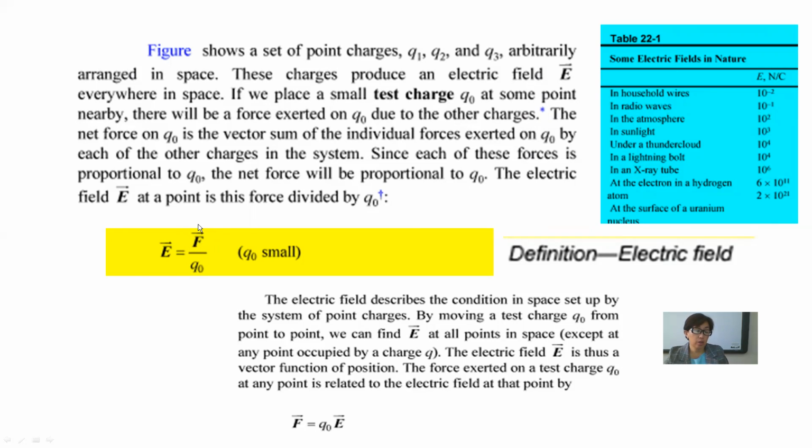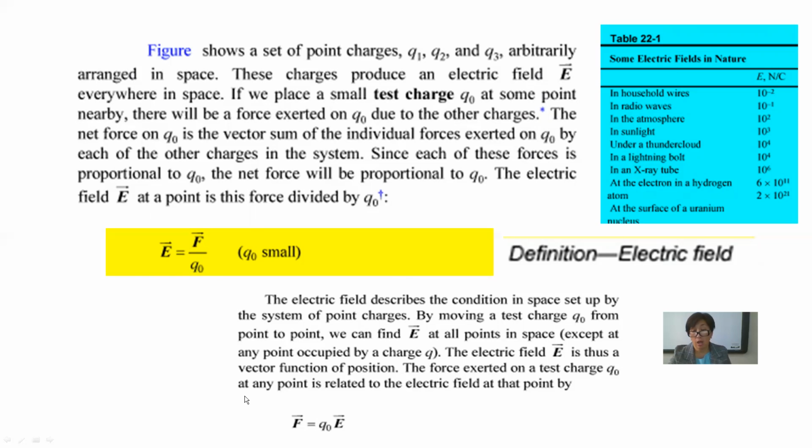The force exerted on the test charge at any point is related to the electrical field at that point by multiplying by Q0. Here is the formula for the electrical force exerted on the test charge Q0 at any point.